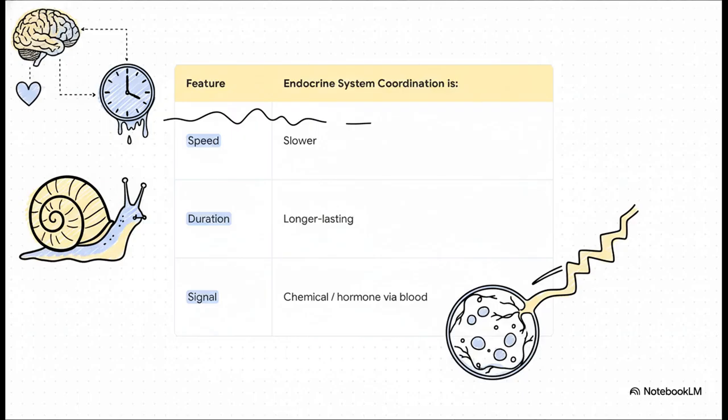The mark scheme lays it out beautifully for us. First, the endocrine system is slower. That's 1 mark. Second, its effects are longer lasting. That's mark number 2. And third, the signal is a chemical, a hormone, that travels through the blood, totally different from the nervous system's zippy electrical impulses. 1 point for each of those, and you've got your 3 marks.